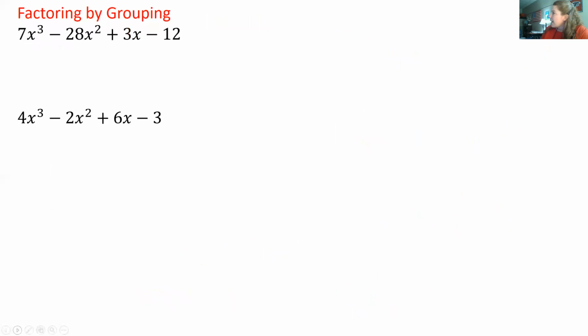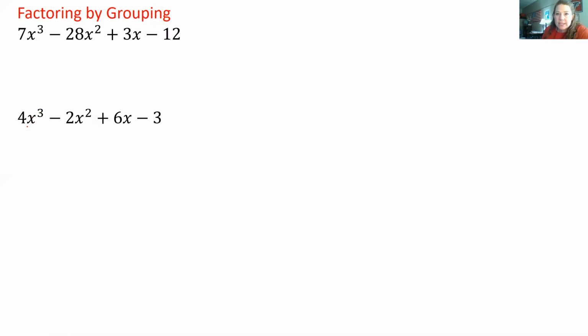All right, now we're going to start looking at polynomials that have 4 terms. When you have polynomials, you call it a monomial, binomial, trinomial, and then more than 3, you just say polynomial. So one thing you should always try if you have 4 terms is to group them into 2 sets of 2.